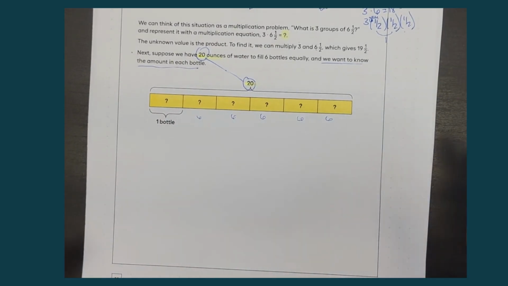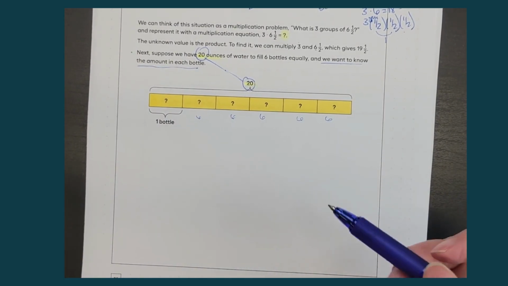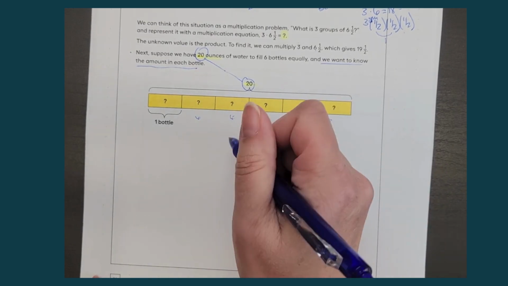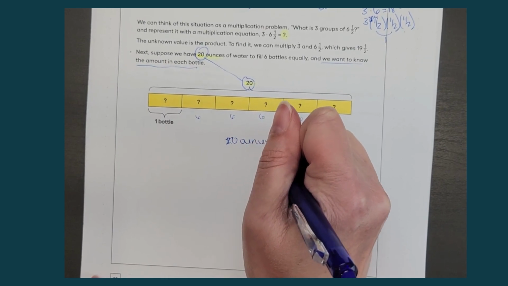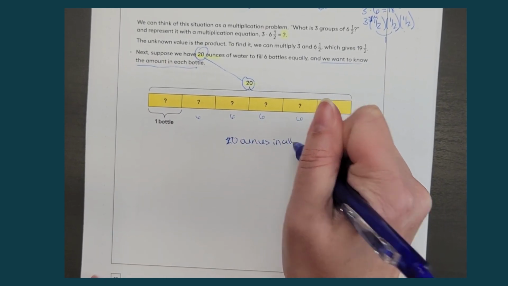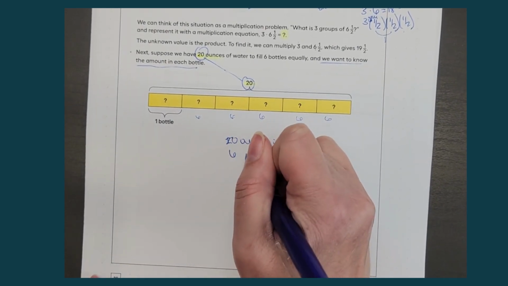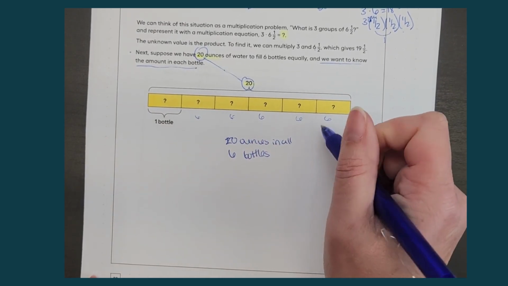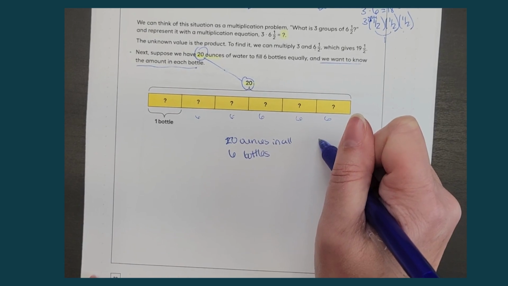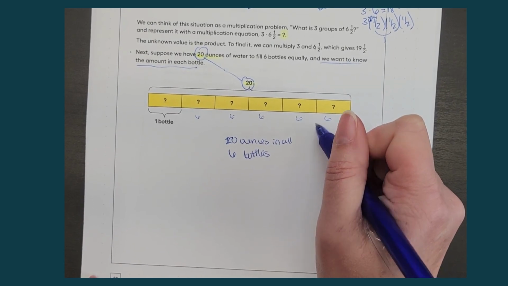So I have to think about, okay, what are some options? I know that I have 20 ounces in all. And I have 6 bottles. So if I'm looking at this as a part whole relationship, I can do that.